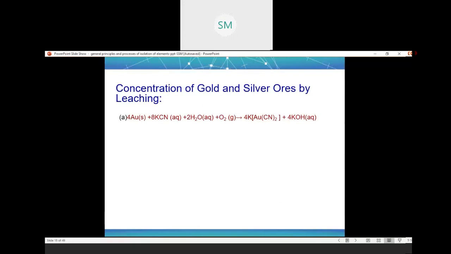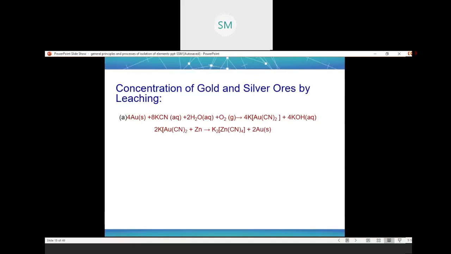So zinc substitutes gold and gold is regenerated. 4Au plus 8KCN plus 2H2O plus O2 gives 4K[Au(CN)2] plus 4KOH. 2K[Au(CN)2] plus Zn gives K2[Zn(CN)4] plus 2Au.